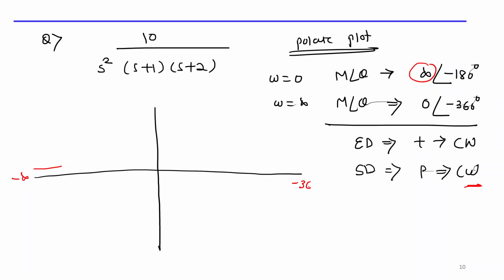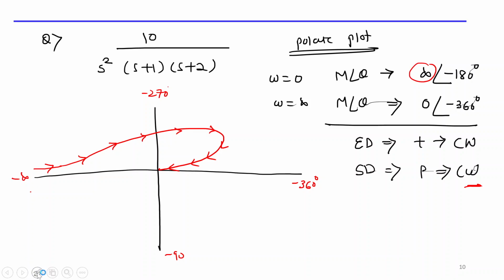This is minus 360, right? Starting with 0, this will be minus 90, minus 180, minus 270 and minus 360. So you have to go like that. Everything is clockwise. So this is a polar plot.